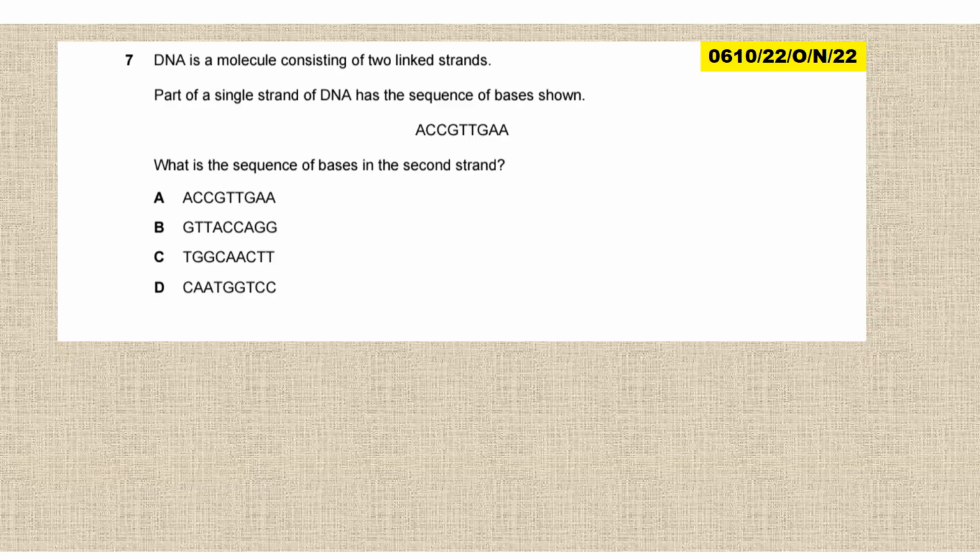This is paper 2, variant 2, October-November 2022. DNA is a molecule consisting of two linked strands. Part of a single strand of a DNA molecule has this sequence. What is the sequence of the second strand? The second strand needs to correspond with this.